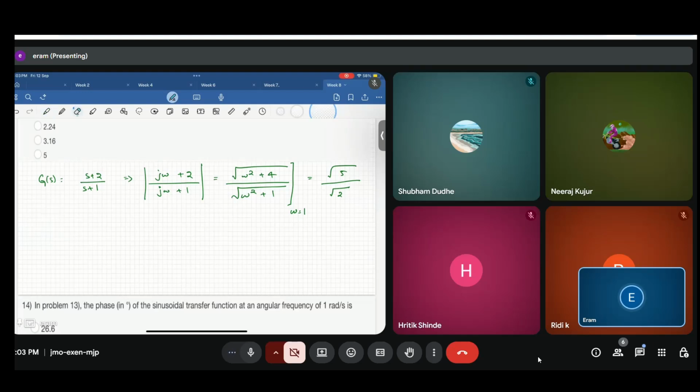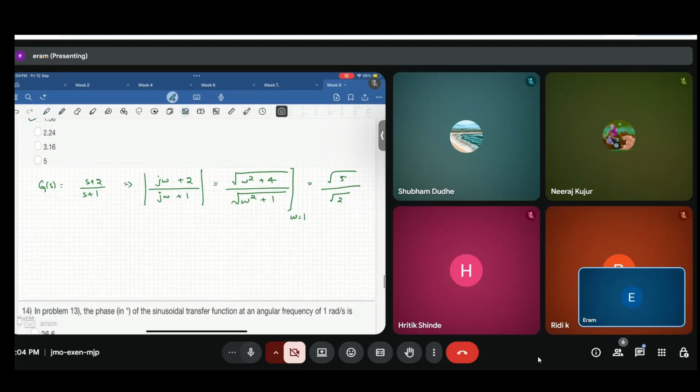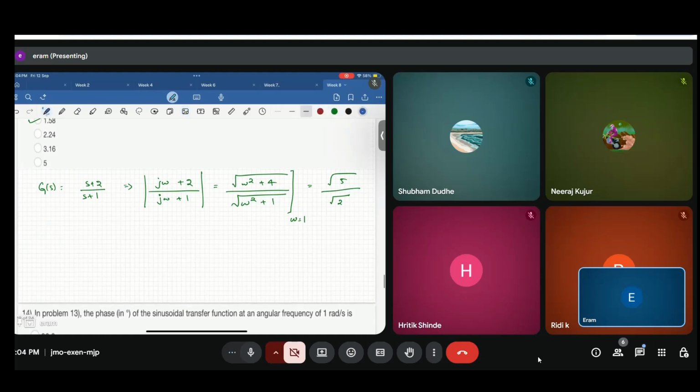So what will it be? Let's first write g of j omega. It is (j omega plus 2) over (j omega plus 1) at omega equals 1. This is 2 plus j over 1 plus j, right? And what will be its angle?